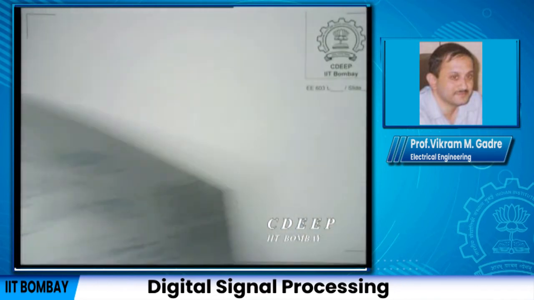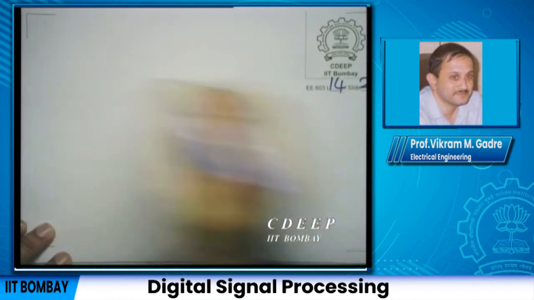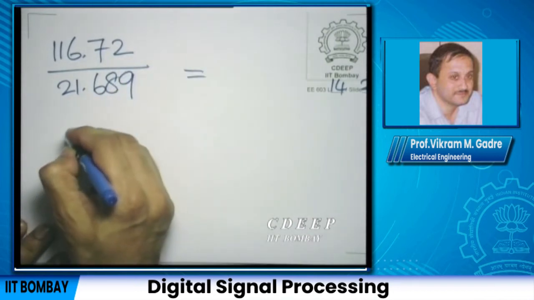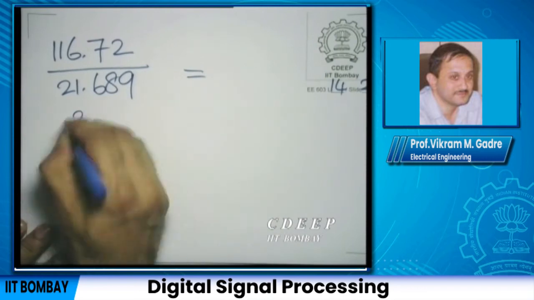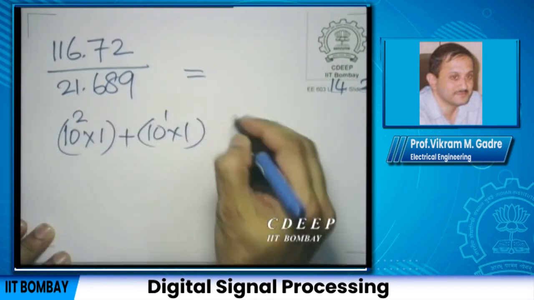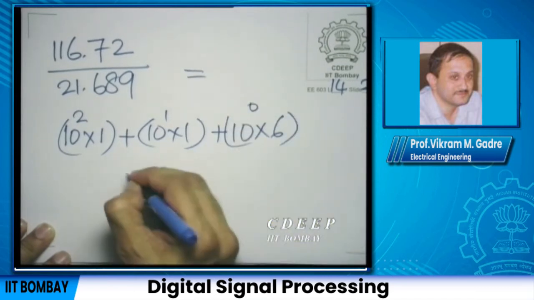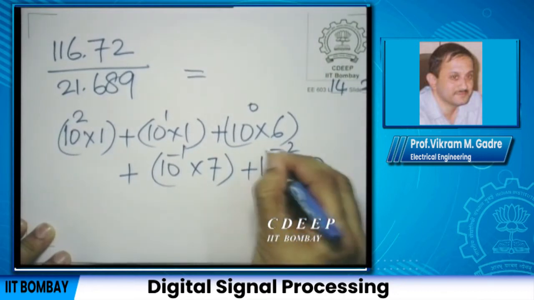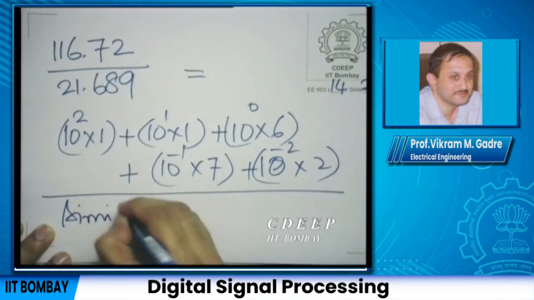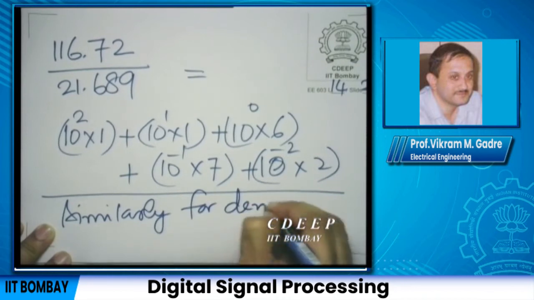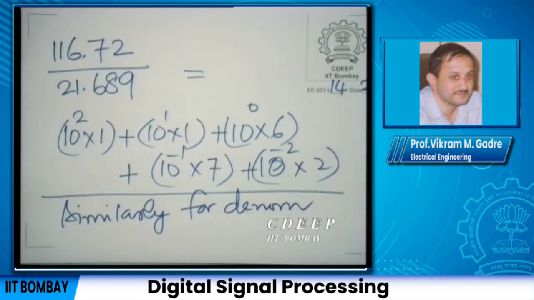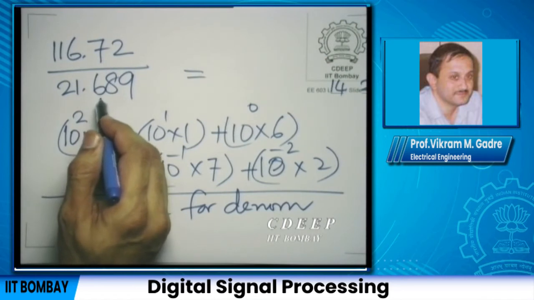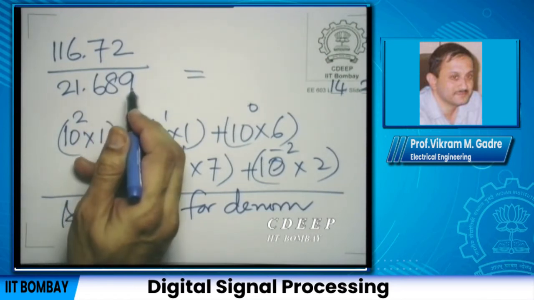So, in fact, we can see that 116.72 divided by 21.689 can be rewritten as 10 raised to the 2 into 1 plus 10 raised to the 1 into 1 plus 10 raised to the 0 into 6 plus 10 raised to the minus 1 into 7 plus 10 raised to the minus 2 into 2, divided by, similarly for the denominator, we can easily write the denominator as 2 into 10 raised to the power 1 plus 1 into 10 raised to 0 plus 6 into 10 raised to minus 1 plus 8 into 10 raised to minus 2 plus 9 into 10 raised to minus 3.